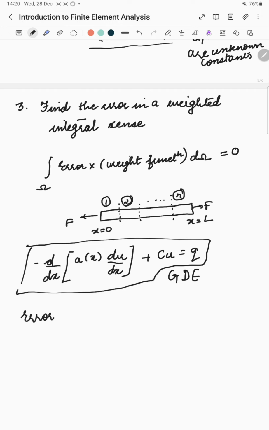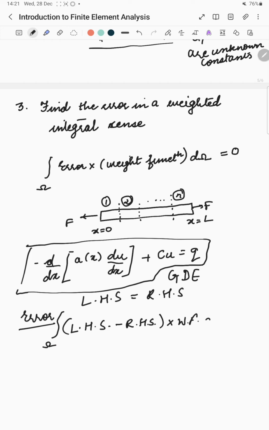Thus error here would be this left hand side minus right hand side. We have to multiply it by a weight function and integrate it over the domain and equate it to 0 for each element.